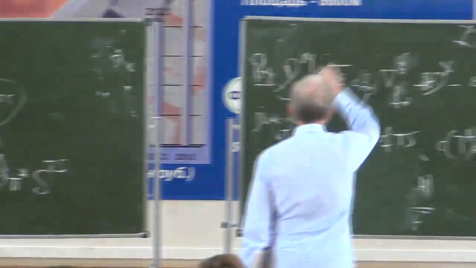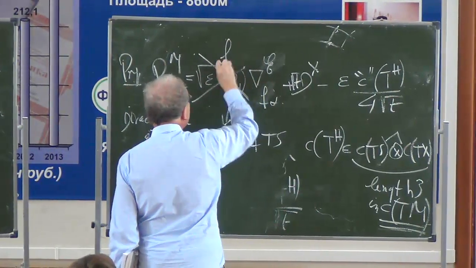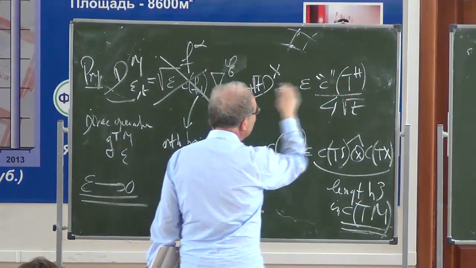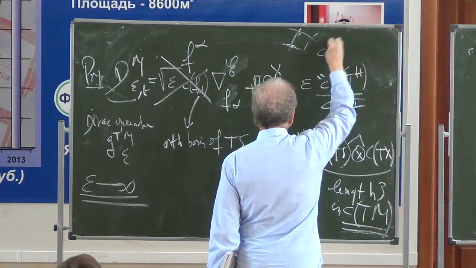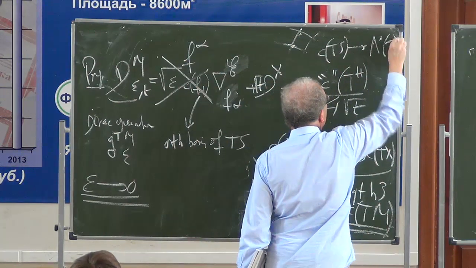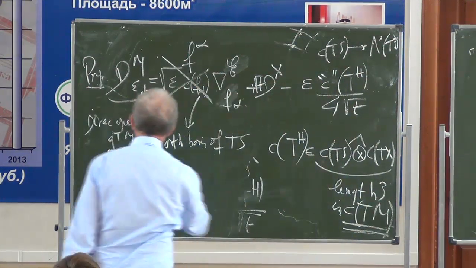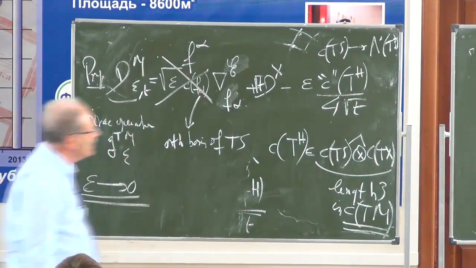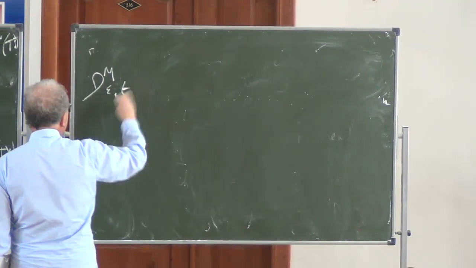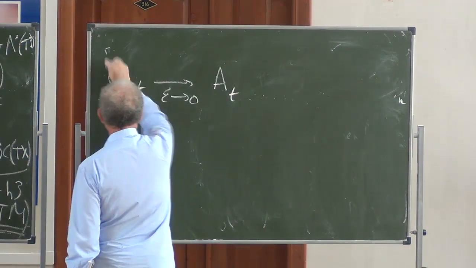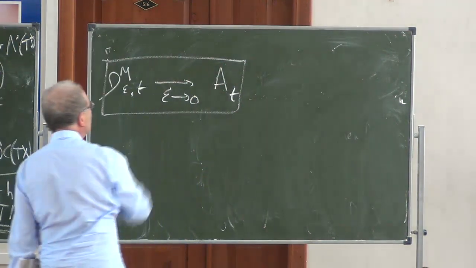Which means that in effect we have to replace this by f^alpha. Here nothing changes, and here the elements in the Clifford algebra of TS are replaced by elements of lambda of T*S, and this limit as epsilon tends to 0 is just A_t. So the proper limit of D^{M,epsilon,t} as epsilon tends to 0 is exactly the object A_t that I introduced before.